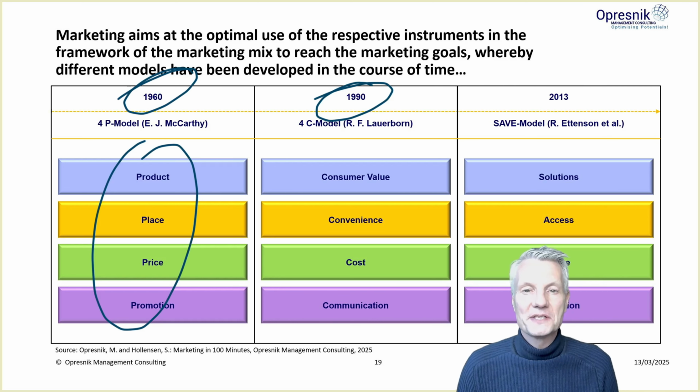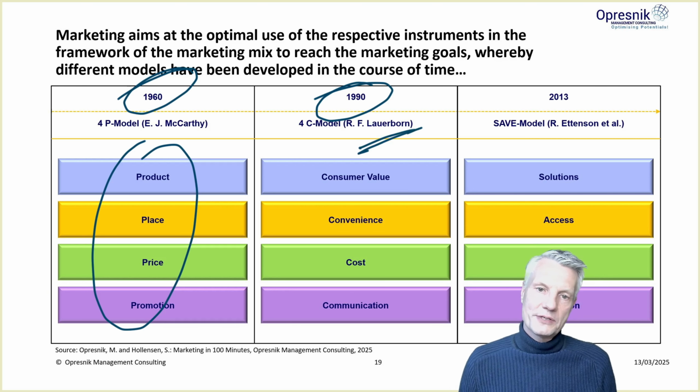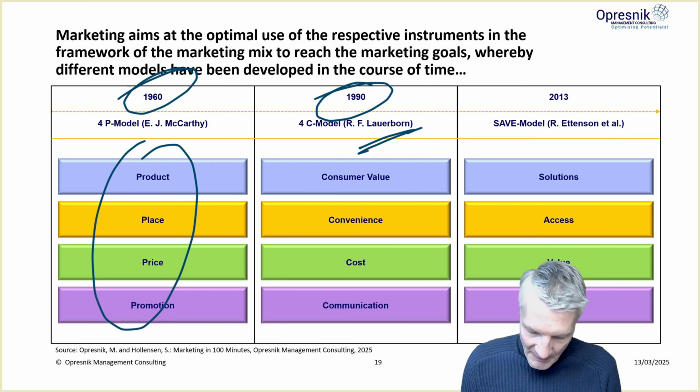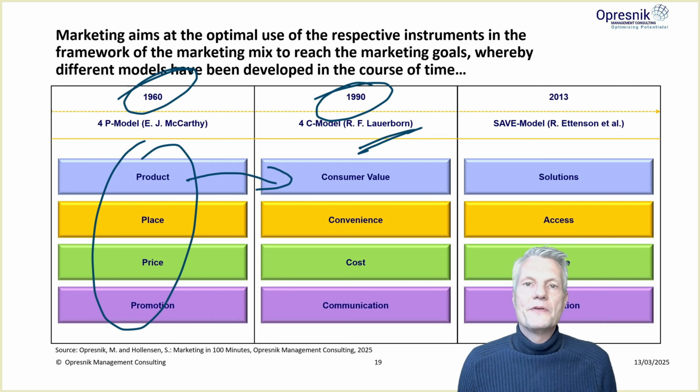In the 1990s, there was Lauterborn, and he suggested that marketing, and we've seen that in the first session, is not about selling products, but it's about putting the customer's needs and wants first and their problems, and then designing products and services and solutions. So he suggested that the consumer value, the customer value, has to come first.